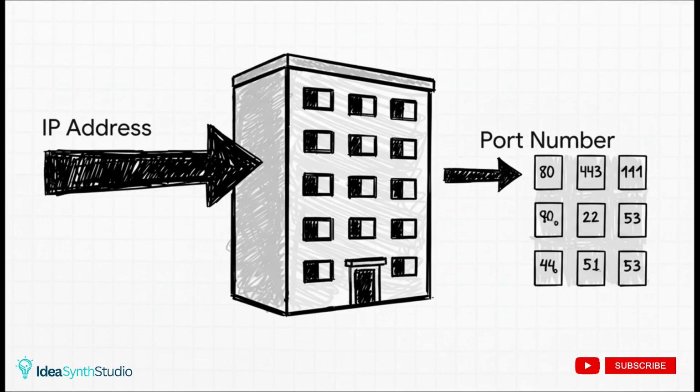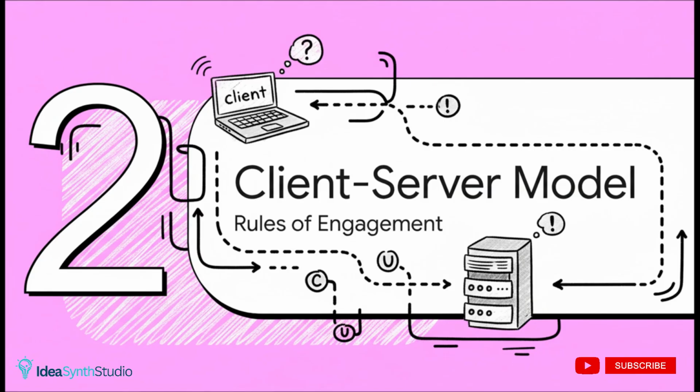This is why you always see those standard numbers like port 80 for web traffic or 443 for secure sites. Each port is a different door for a different conversation. And together, that IP and port number create a one-of-a-kind address, making sure your web request doesn't accidentally end up in your email inbox.